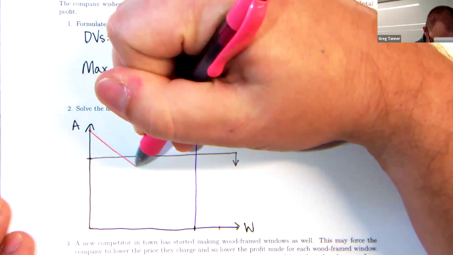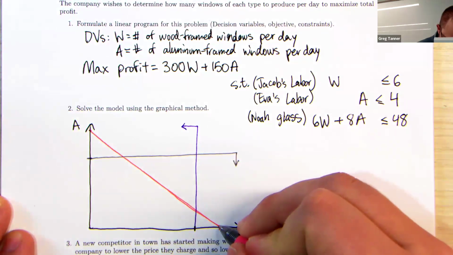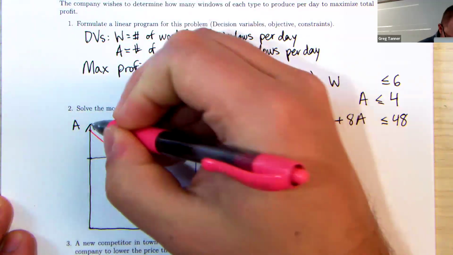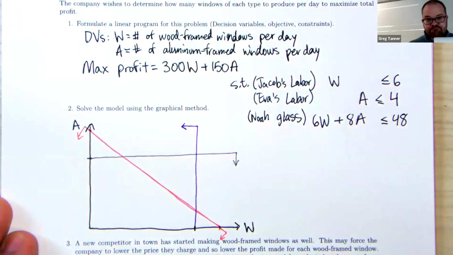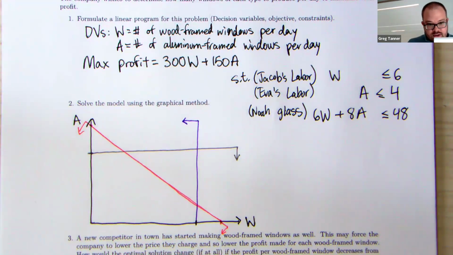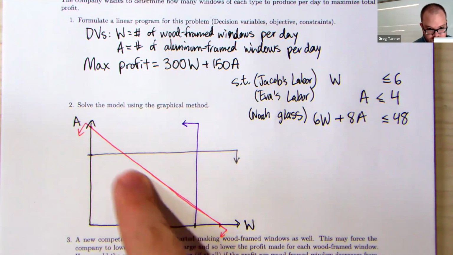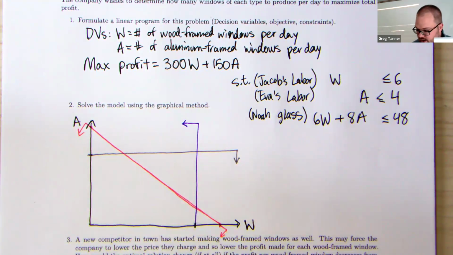And so I'll draw that in as well as I can as a straight line, and we need to be below that line. So there's our constraint for Noah's glass, and we need to be below that. And so this region, this weird rectangle with a corner cut off, is our feasible region.